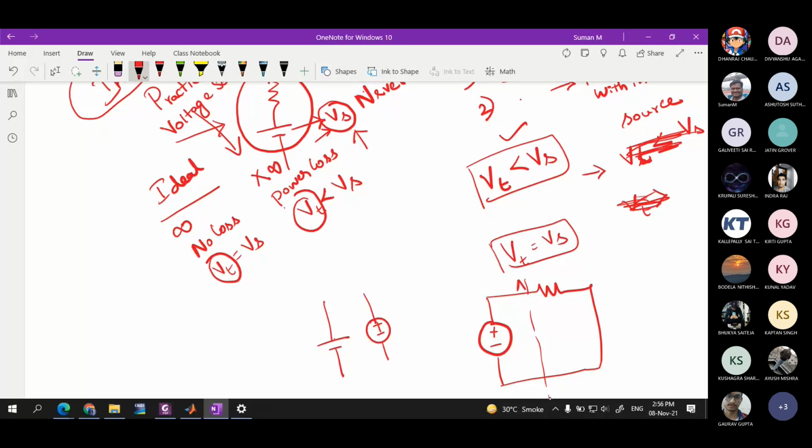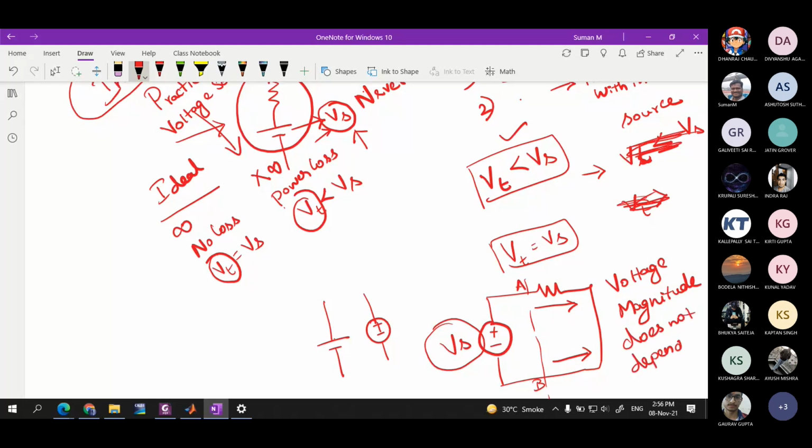Let's consider that this is terminal A and this is B. Irrespective of whatever element is connected after points A and B, this source voltage will never change, which means the voltage magnitude does not depend on any other parameter in the circuit. Since it does not depend on any other circuit parameters, you can call this an independent voltage source.